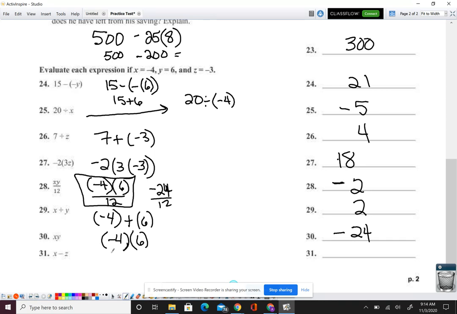And then the last one, negative 4 minus a negative 3. A negative 4 minus a negative 3 is a negative 4 plus 3. Opposite signs, subtract them. 4 minus 3 is 1. The sign from the larger is negative, so it's negative 1.